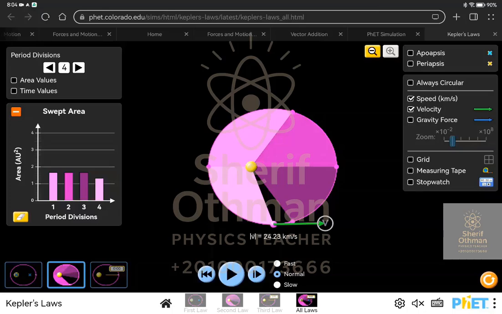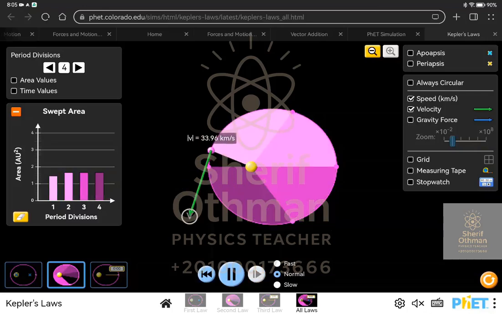Equal areas at equal intervals of time? Yes, because the speed of rotation differs. So if the line which joins Earth or a planet and the sun decreases, the speed increases, so it covers a longer circumference. While if the line joining the planet and the sun increases, the speed of the planet decreases.